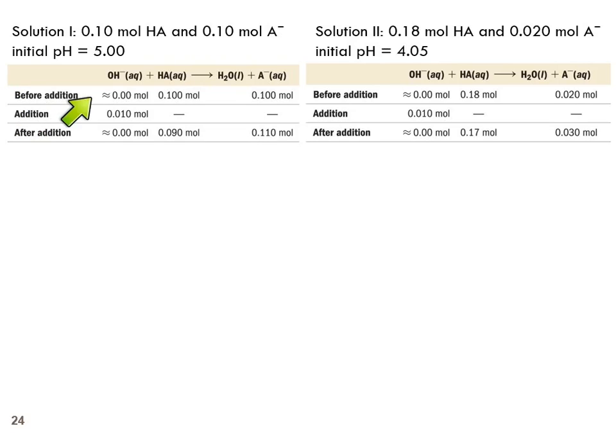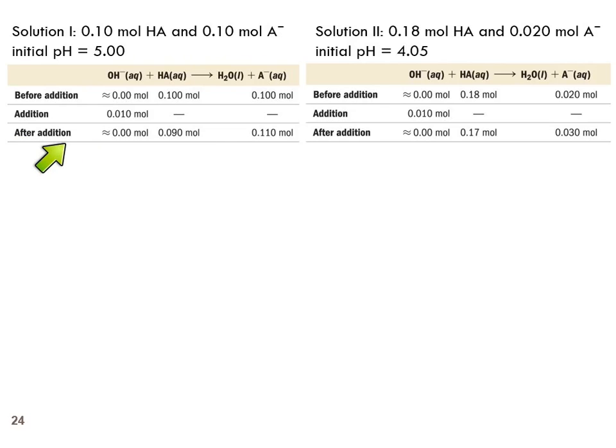So before the addition, we basically have no hydroxide, 0.1 molar of the acid, 0.1 molar of the conjugate base. And then we're going to add 0.01 moles of sodium hydroxide. This is a 1-liter solution, and we're doing this in moles.